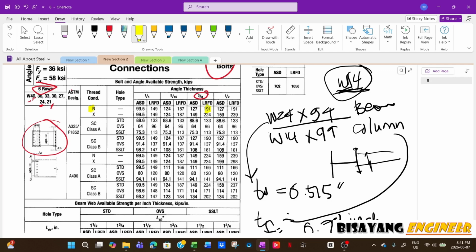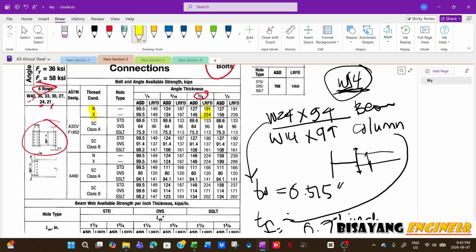So if you imagine the shear plane is excluded, then it has a capacity of 224 kips versus 191. So what if you use this value, like the X capacity, and then in the actual bolt the shear plane is within the threaded part?